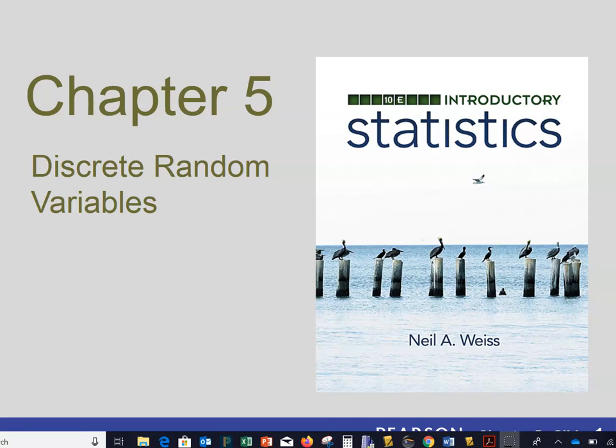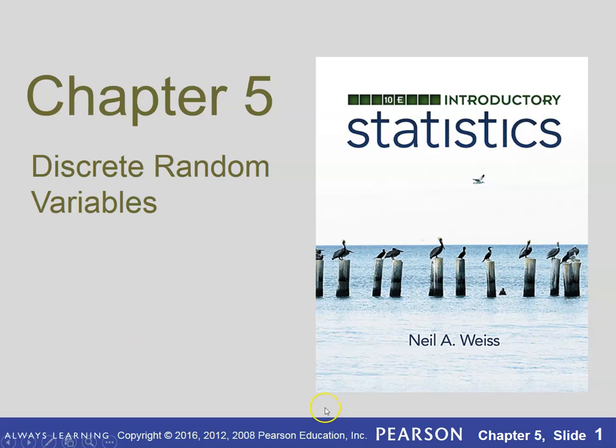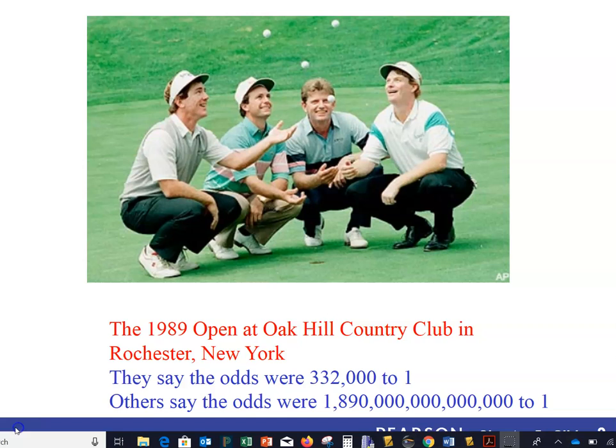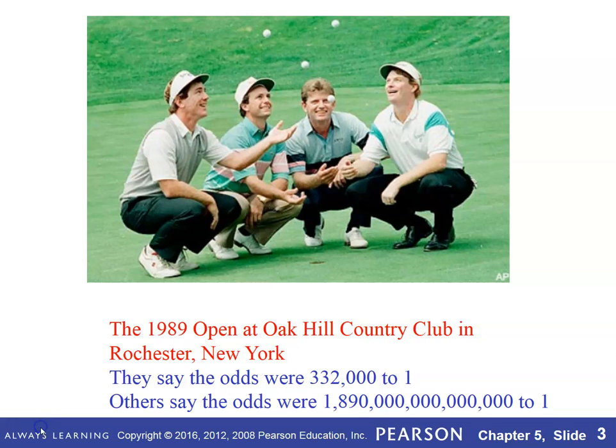First of all, we're going to begin by looking at an event that happened in 1989 that you may or may not be aware of. There was a hole-in-one on the same hole in Rochester, New York at the Oak Hill Country Club, where 4 golfers each got a hole-in-one on the same day in the same tournament.